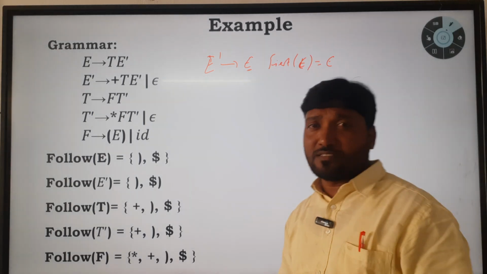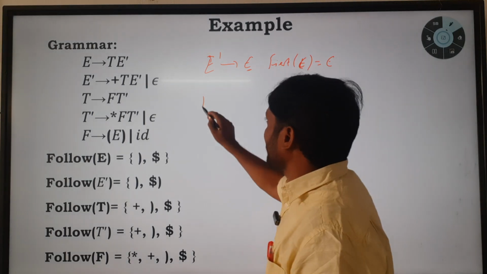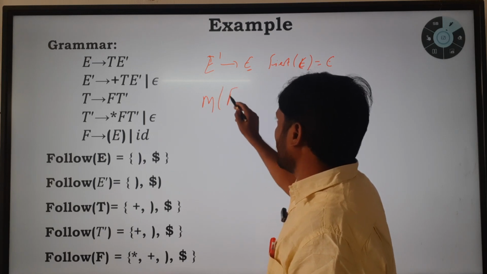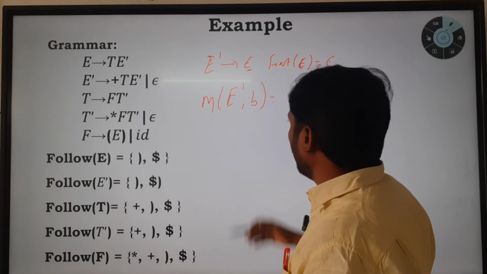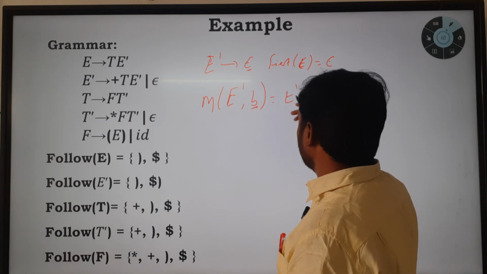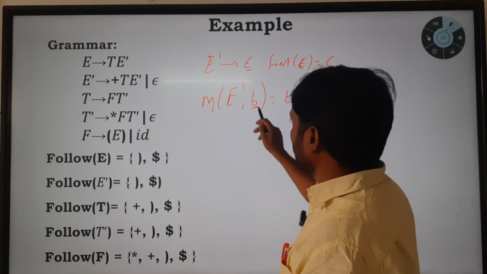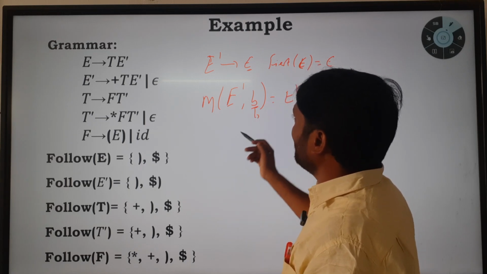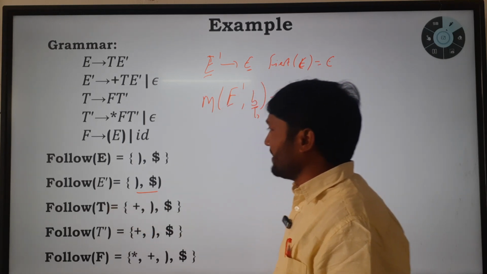What does the second rule say? If epsilon is in first of alpha, then we have to create an entry in table M of E dash comma b, where we substitute E dash derives epsilon, where b is taken as follow of E dash. What are the follow of E dash here? That is close bracket and dollar.